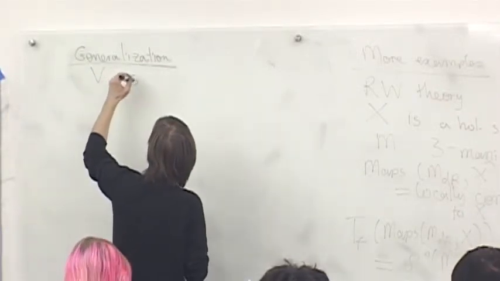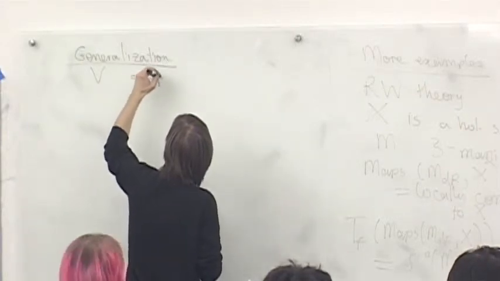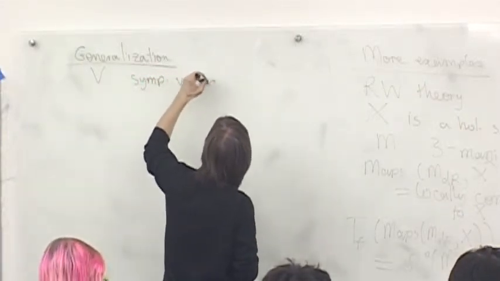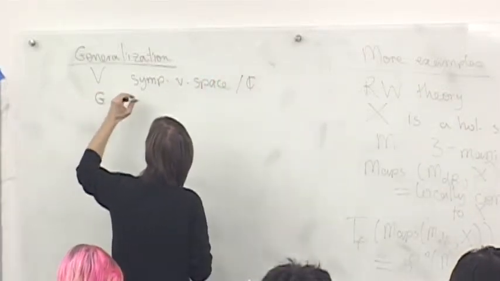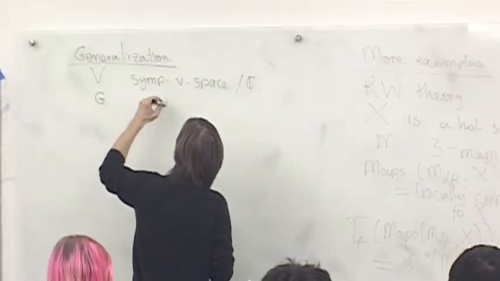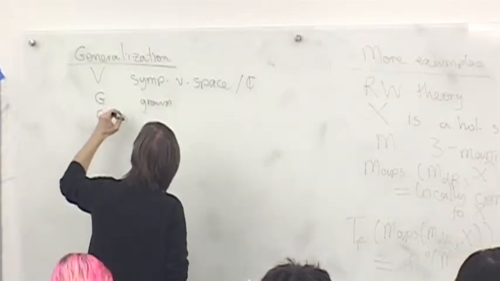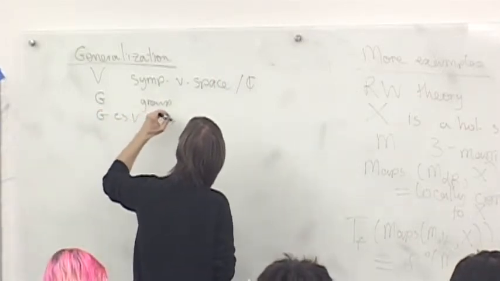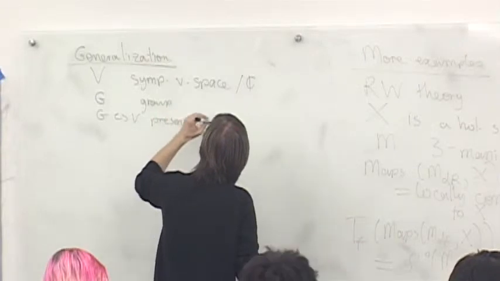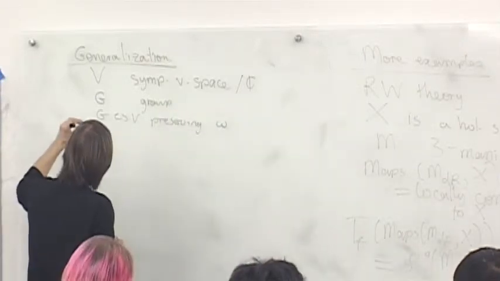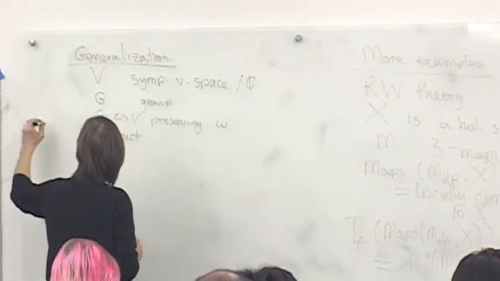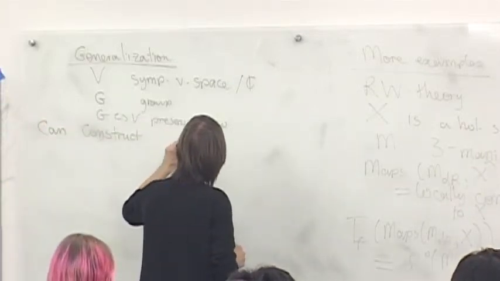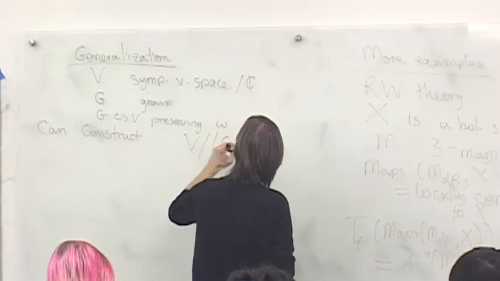Suppose that V is a symplectic vector space over C, a complex symplectic vector space. G is a group, and G acts on V, preserving the symplectic form omega. Then we can construct the symplectic reduction.